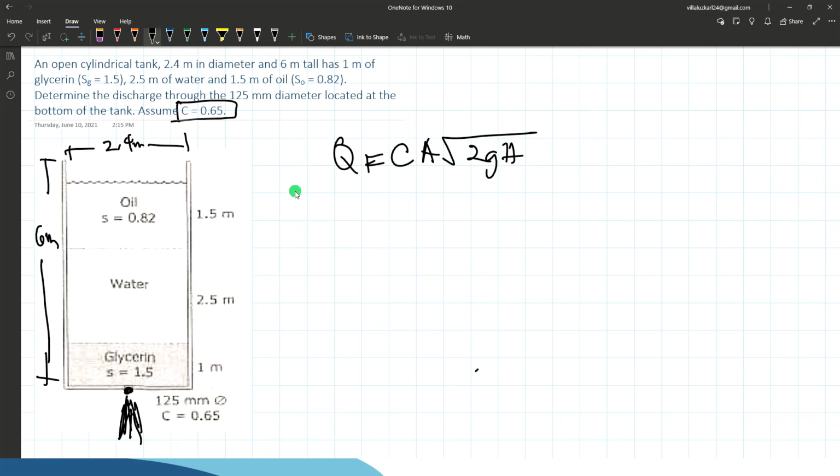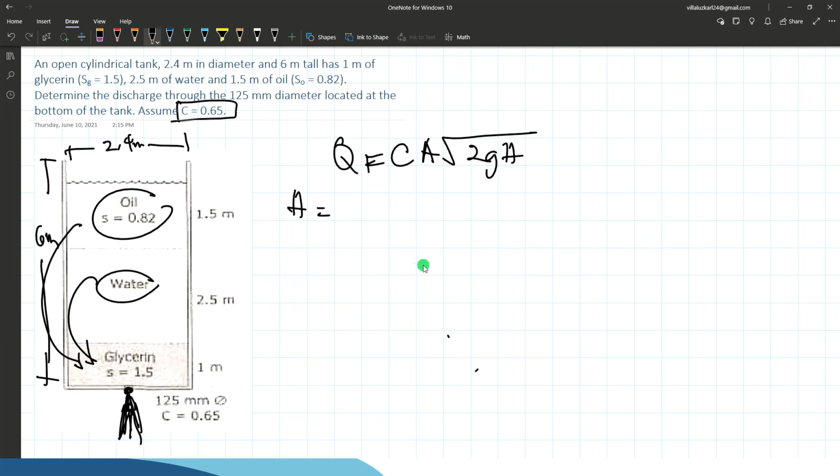So to compute h, since this is a container which contains several layers of liquid, and at the opening we have a liquid that is glycerin, we have to convert the equivalent head for water and oil into glycerin.